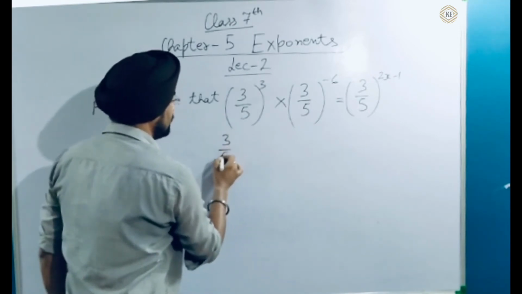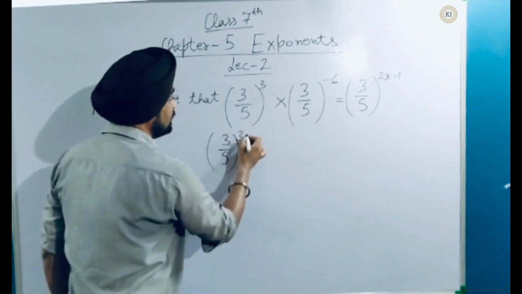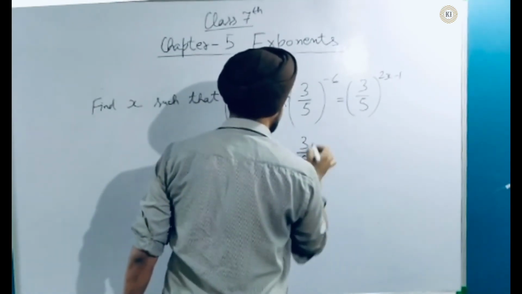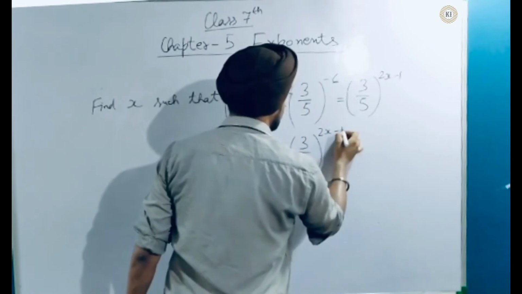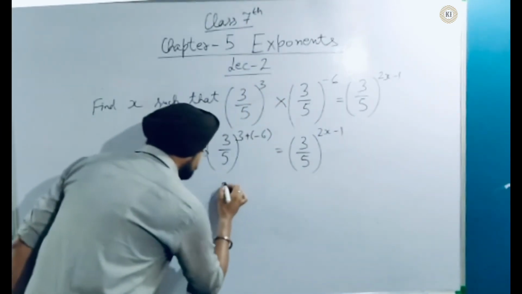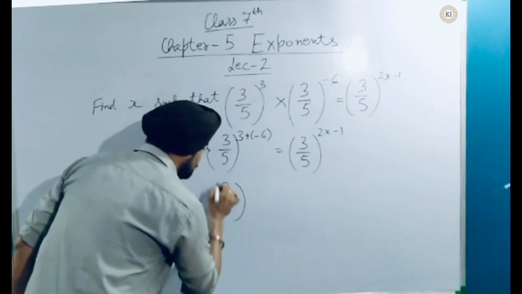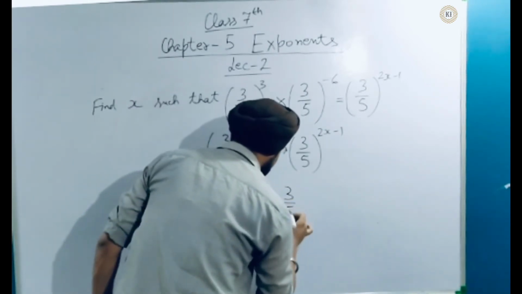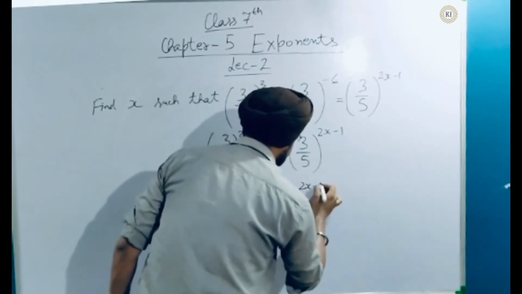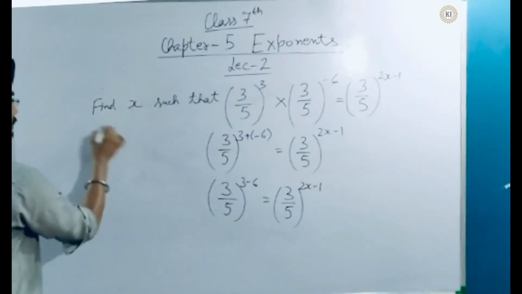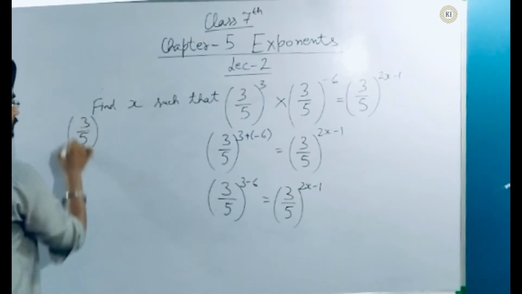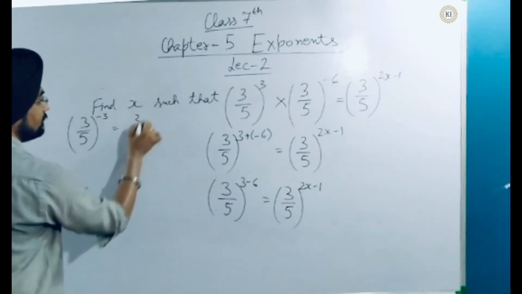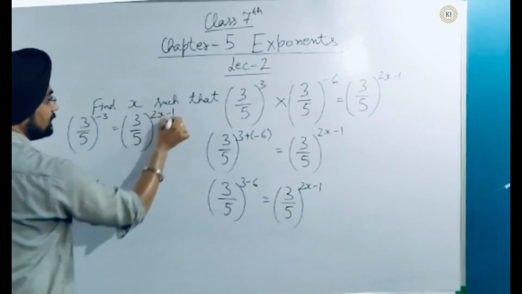So (3/5)^(3 + (-6)) = (3/5)^(2x-1). Now 3 minus 6 will be minus 3, so (3/5)^(-3) = (3/5)^(2x-1).